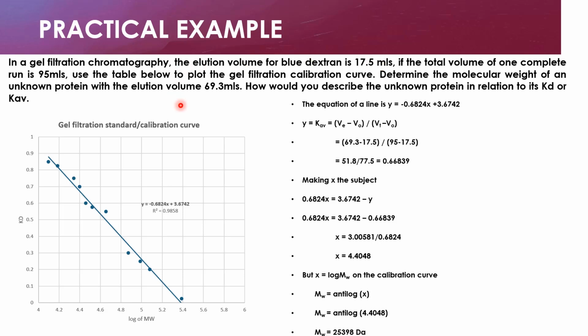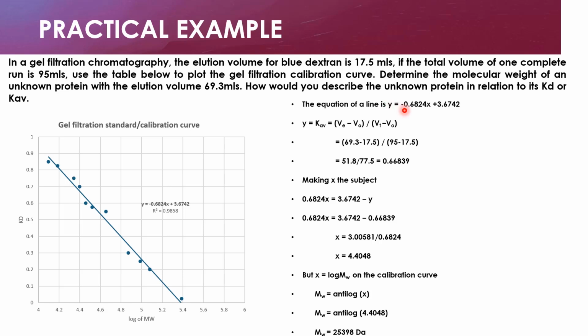So using the equation of the line, y equals negative 0.6824x plus 3.6742, we know that our y is the distribution coefficient, or the KAV or the KD, which is the elution volume minus the void volume divided by the total volume minus the void volume.